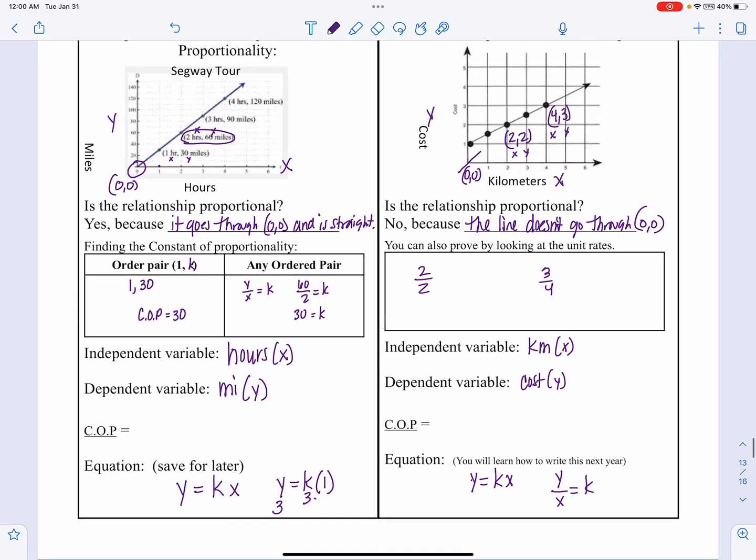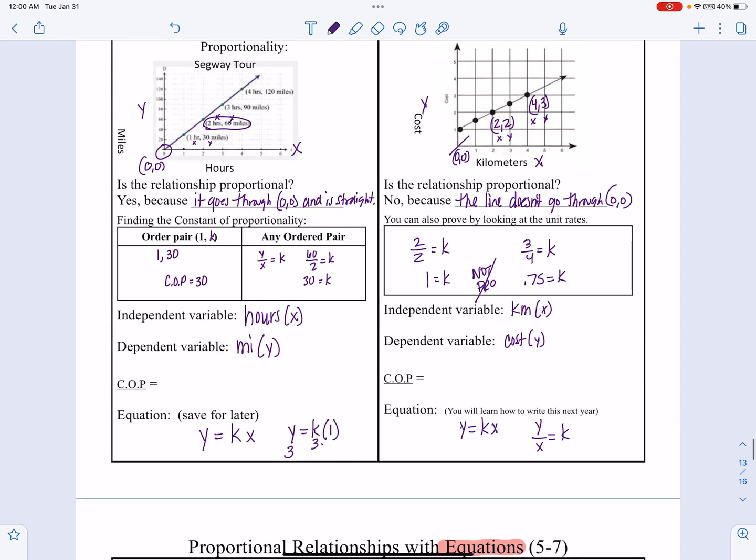If I divide those to test the constant of proportionality, obviously we know this one equals 1, and 3/4 is not going to equal 1. So I just know that these are not proportional. And so the constant of proportionality doesn't exist for this one, but the other one, it is 30.